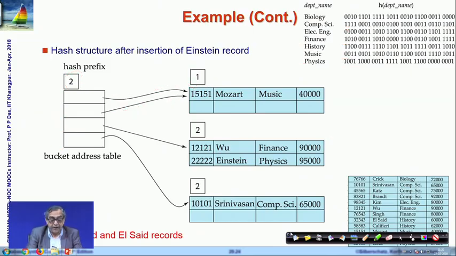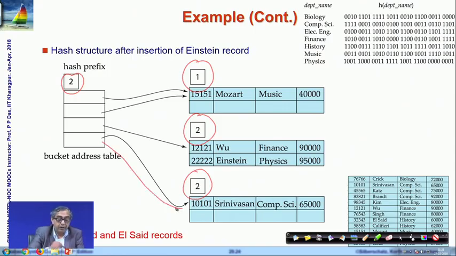So, this is a very critical observation, that these numbers are basically the local depth, the local information of how many bits in the prefix you need to look at to be able to resolve for coming to this bucket for the records that you currently have, whereas this is the global one, this is the global maximum that you have. So, naturally local depth cannot exceed the global depth, but if it is equal, then you have a unique mapping from the bucket address table entry to the bucket.